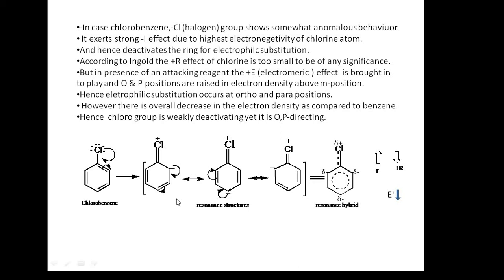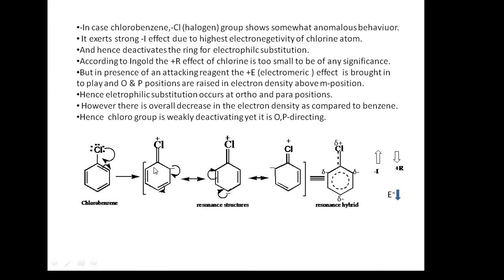So till now we have discussed the cases of phenol and aniline, where the +R effect is very much stronger and hence ring activation takes place, and also electrophilic substitution occurs at the ortho and para positions.